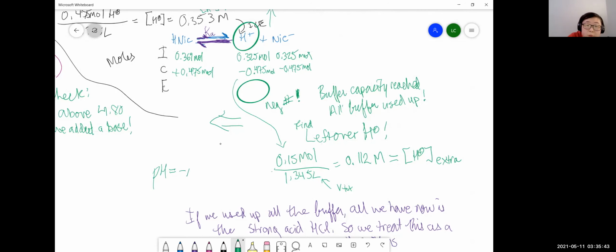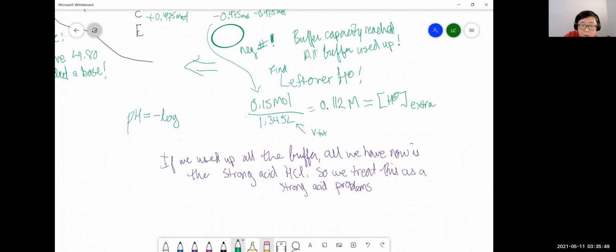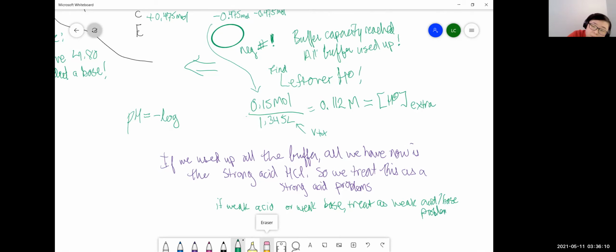So what is the formula for pH of a strong acid? If it was a weak acid or weak base, you just treat it as a weak acid or weak base problem. So that means it's just an equilibrium problem.